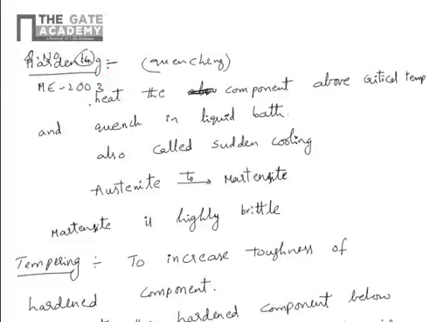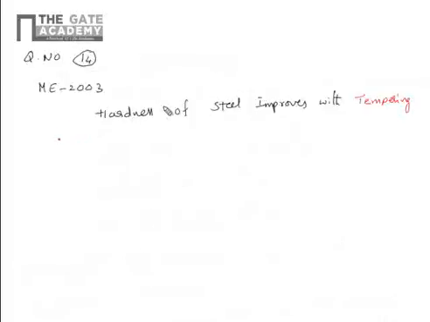So as we have discussed, after hardening the metal becomes brittle. To decrease the brittleness and to improve the toughness, we do tempering. So hardness of steel improves with tempering. So the answer is D.